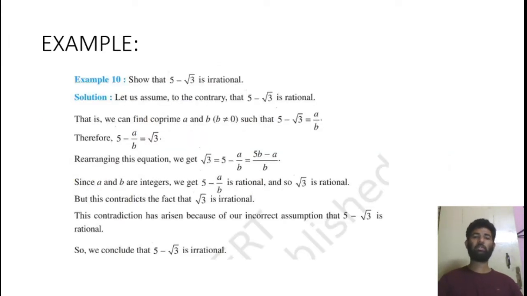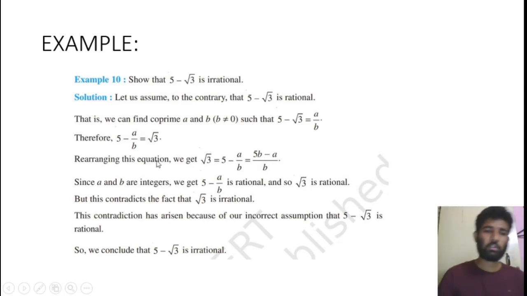Now let us see one more example based on this theorem. 5 minus root 3 is irrational. Let us assume to the contrary that 5 minus root 3 is rational. Proof by contradiction is used here, and we are assuming that 5 minus root 3 is rational. By further simplification, we get 5 minus a by b is equal to root 3.